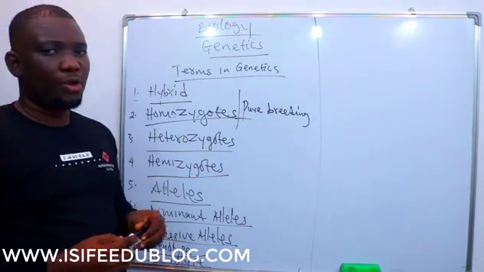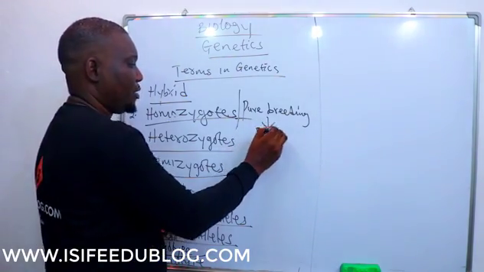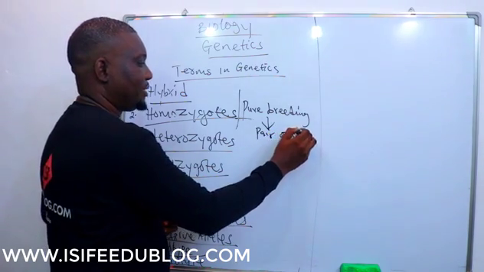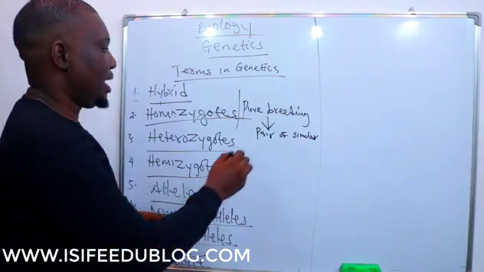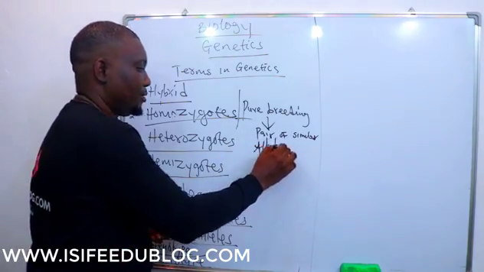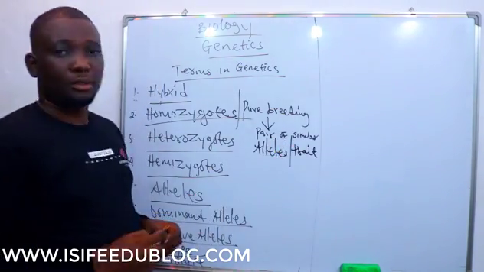Homozygotes are a pair of pure breeding, a pair of similar alleles or characters or traits. That is homozygotes.